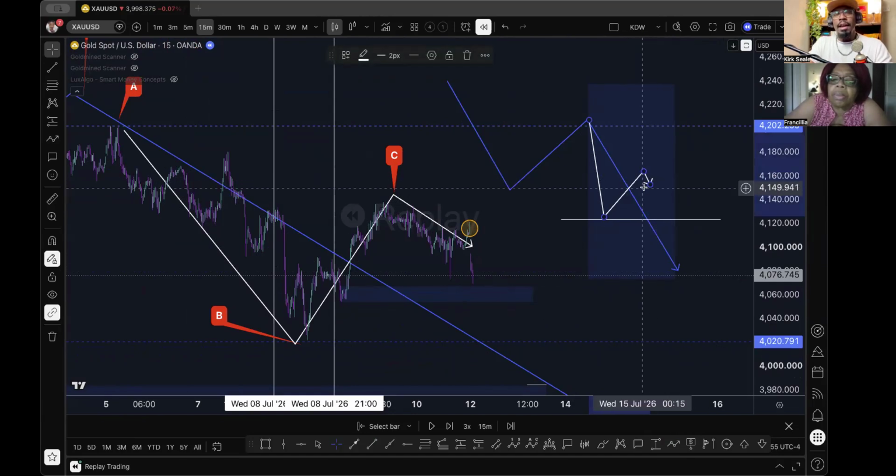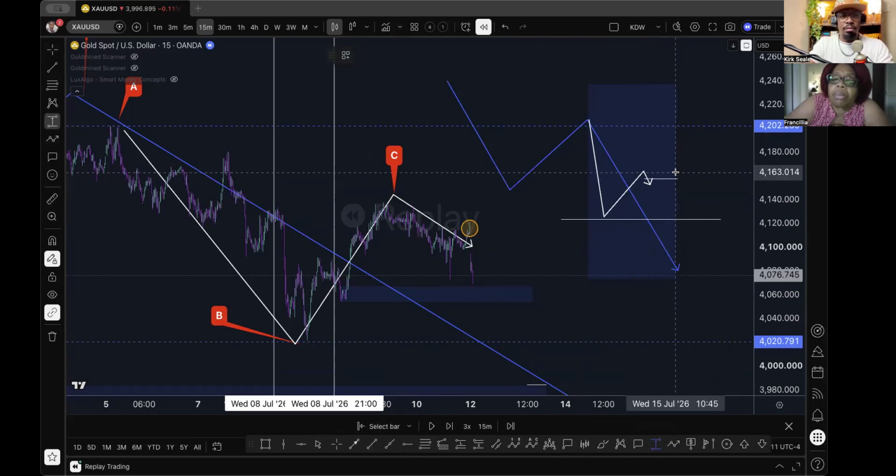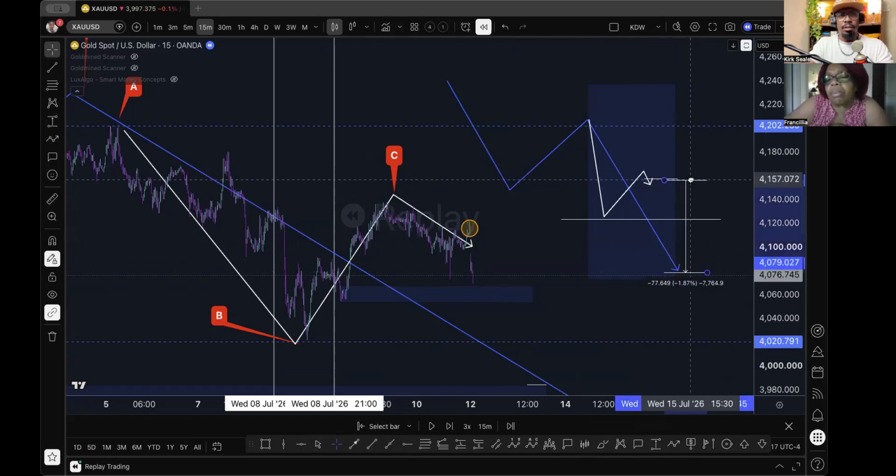All right. And there's an opportunity for us to get an entry for a sell so that we can make some money as price goes down.